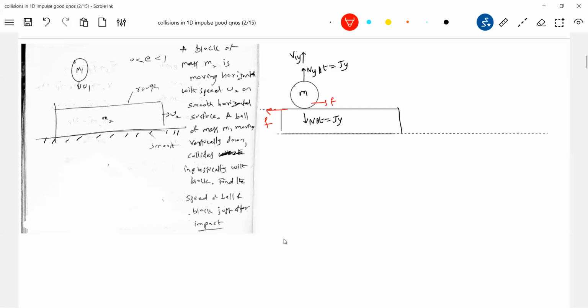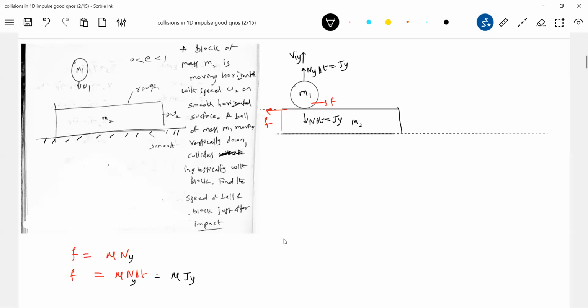And we know F is equal to mu N. The normal reaction will act for a small duration of time, because the ball will be in contact with the plank for a very small duration of time. So Ny into delta t is the impulse.